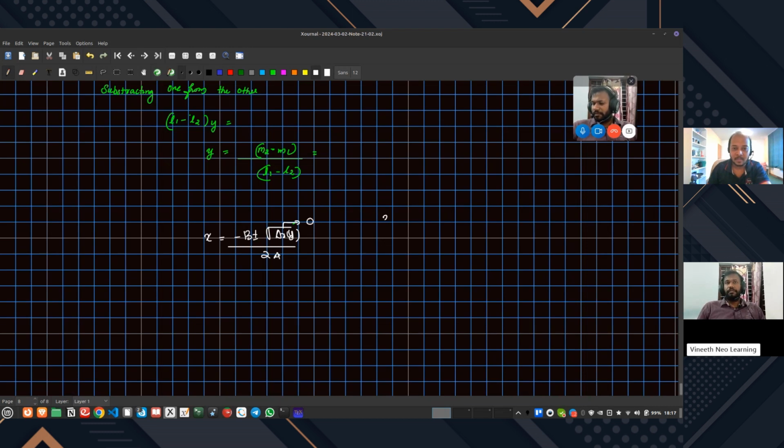This will lead to negative b plus or minus some value, divided by 2a, isn't it? Equal to negative b by 2a, plus or minus some value. Now we can say that at delta xy equal to 0, this is line 1 and this is line 2. Actually that would not be correct, Joe, because the delta xy is a quadratic term.